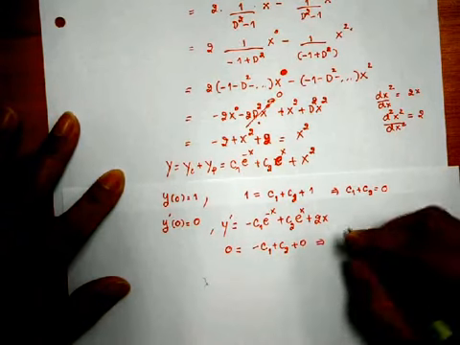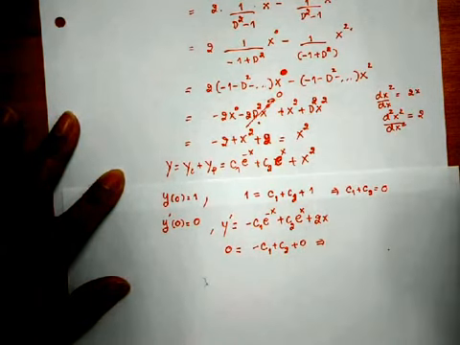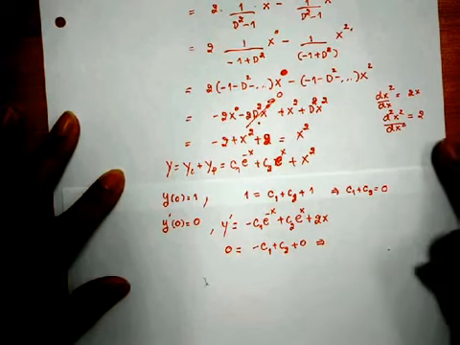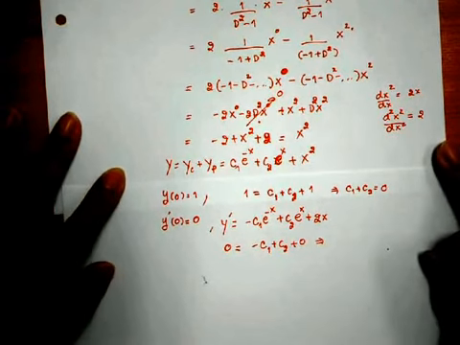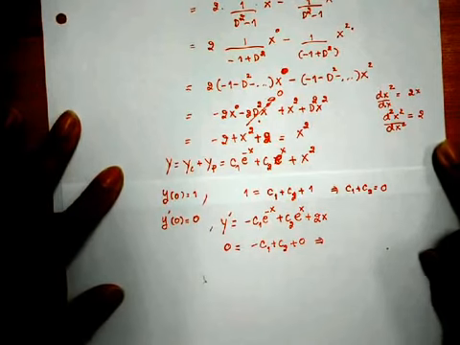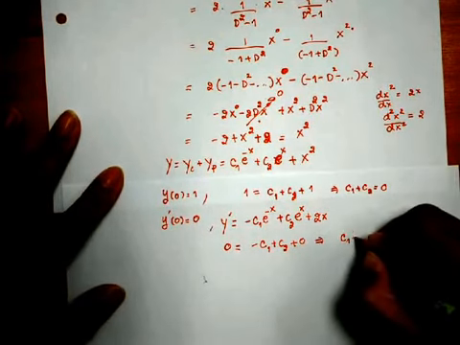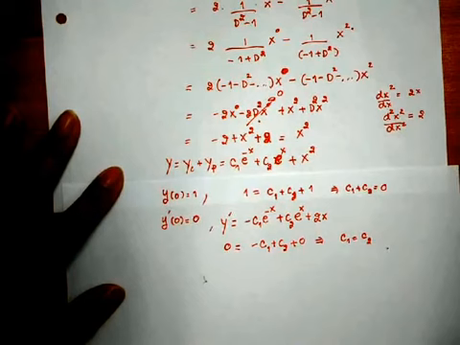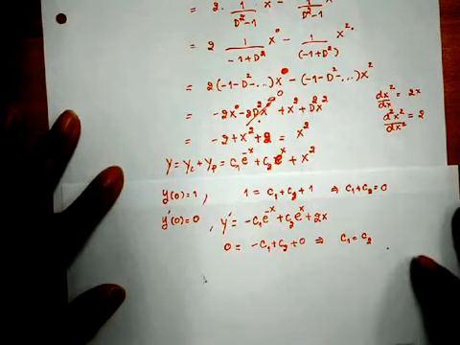So that means c1 is equal to c2. Did I do something wrong?